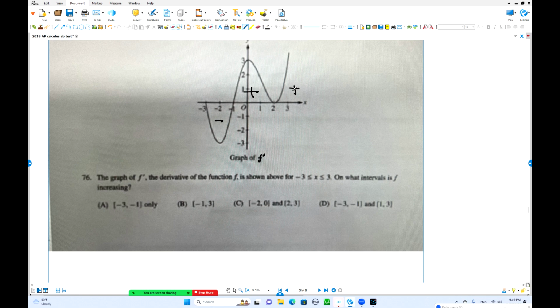Where is it increasing? Negative 1, 2, 3. Negative 2, no. In this section, they are all decreasing, here increasing, here increasing.